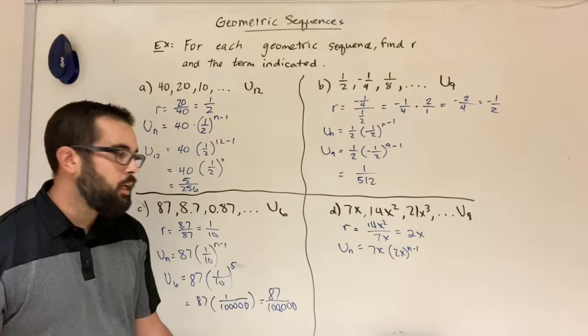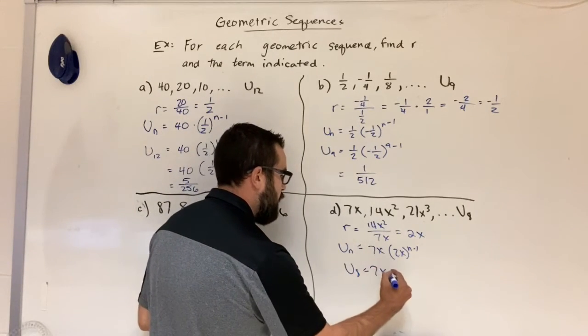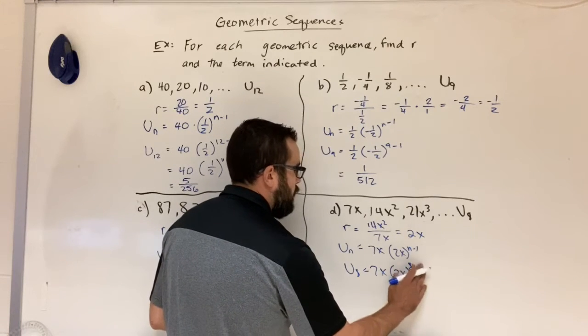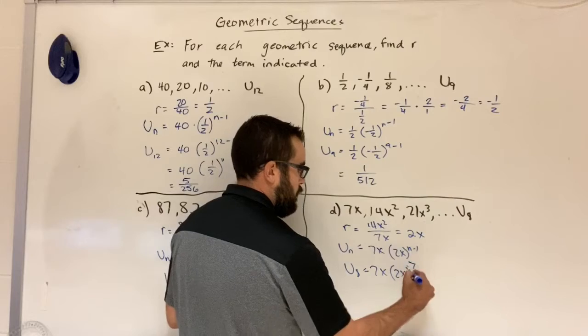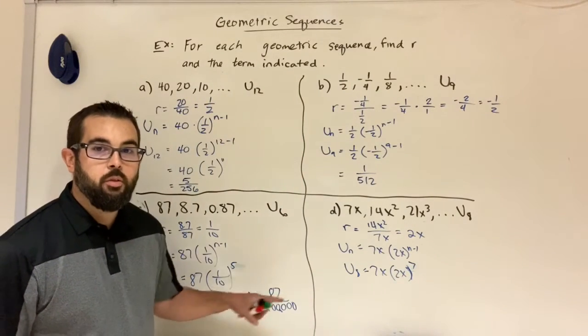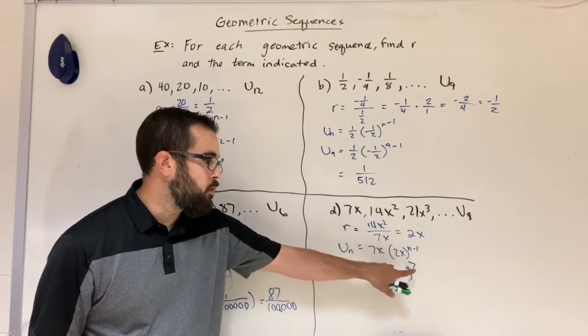And we need to calculate u sub 8, the 8th term. So we have 7x times 2x to the 8 minus 1. Again, I'm going to say that's a 7 just to save some room on the board. All right, 2 to the 7th power.